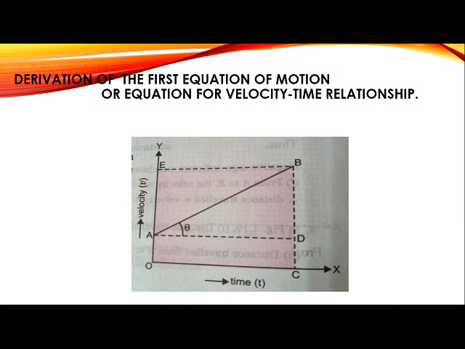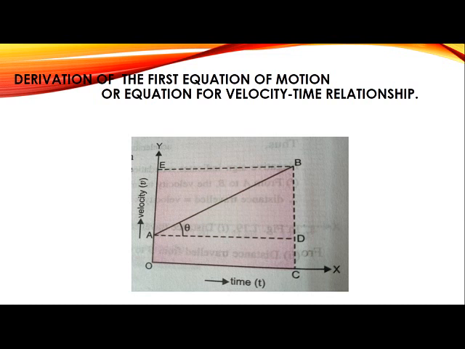And here in this particular graph, what you need to remember is that the body was initially not at rest. That means u is not equal to 0. The body is already in motion, and at a particular point A, its velocity will be called the initial velocity.